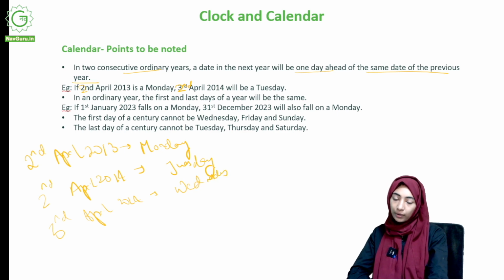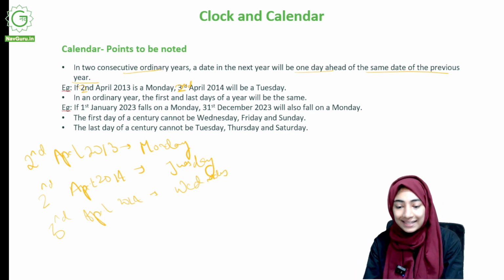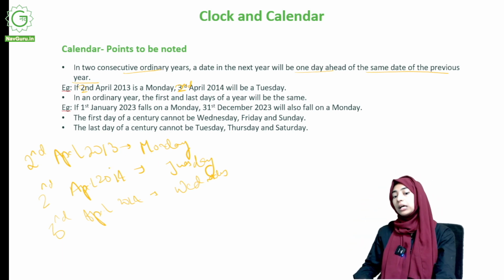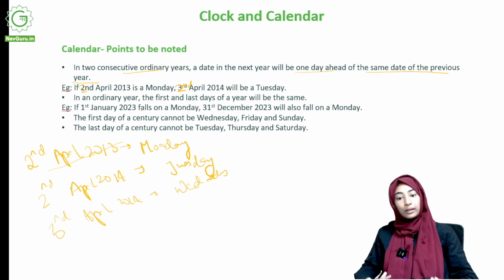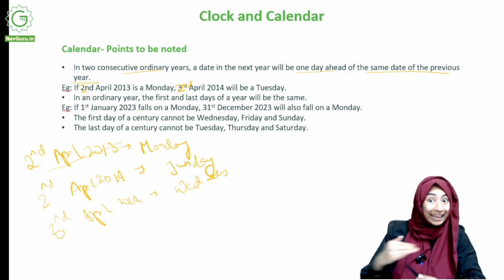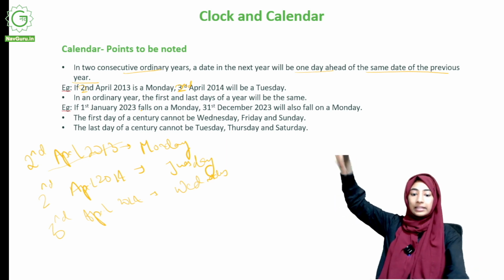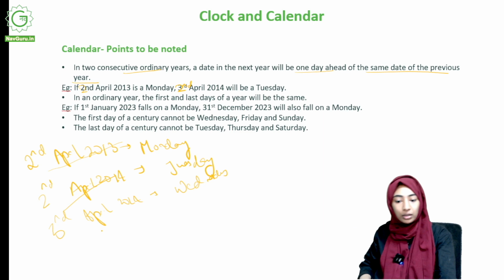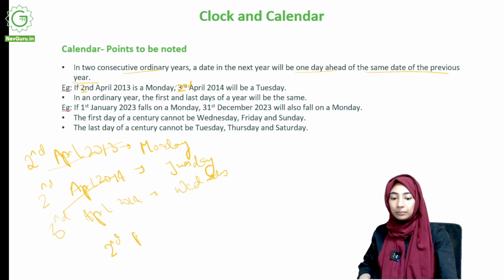Now, of what use is this? Basically, the beauty of this is that if you are given what day a date falls on in a year, you can figure out what day it will fall on for any number of years after that. So this is for the next year. For the next year, it will be the day after. So what about the year after that? What about 2nd April 2015? 2nd April 2015 would be a Wednesday, right?